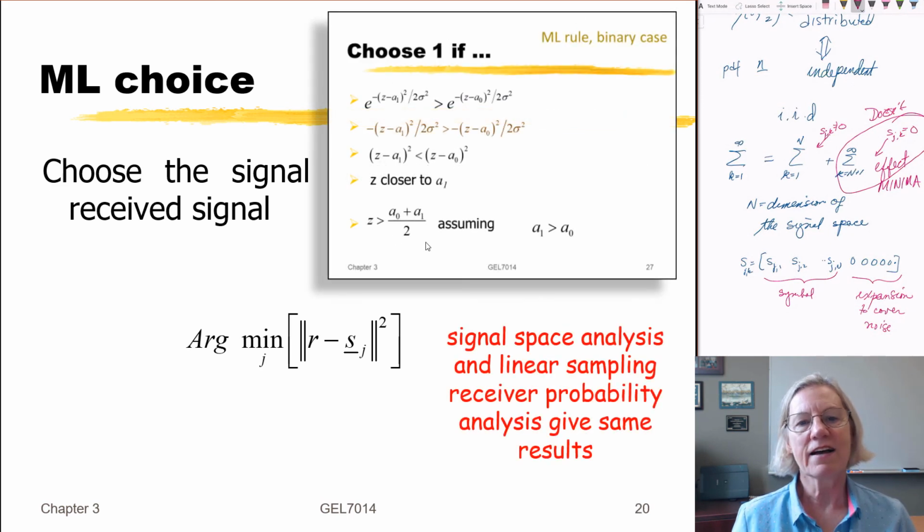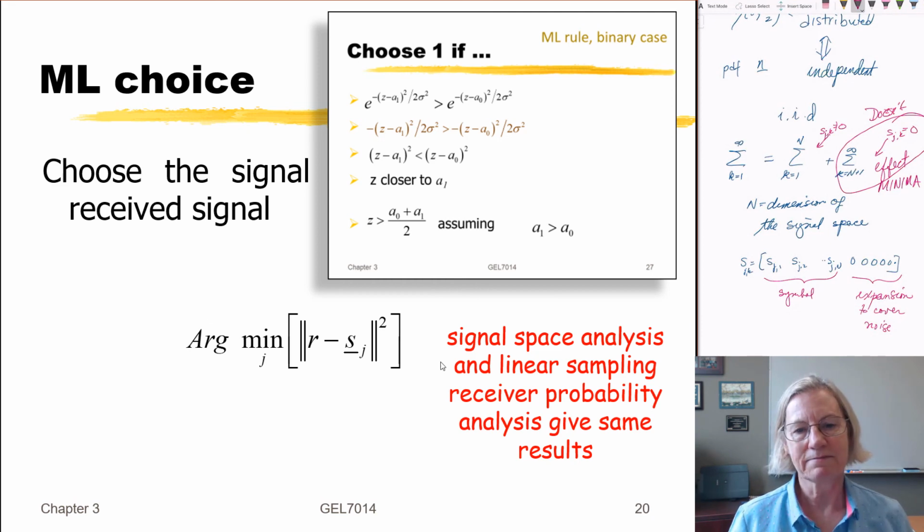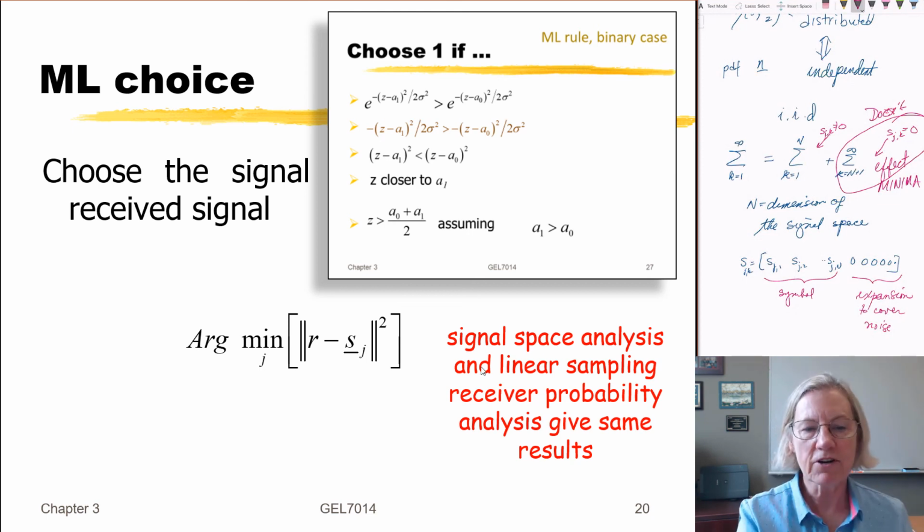Again, this is directly related to the binary case that we looked at for one dimension. Closest was easy because it was just comparing the test statistic with a threshold. That's basically the same concept that we have here, in an arbitrary dimensional space. So the signal space analysis and this idea of assuming a linear sampling receiver and binary choice basically give us the same result.